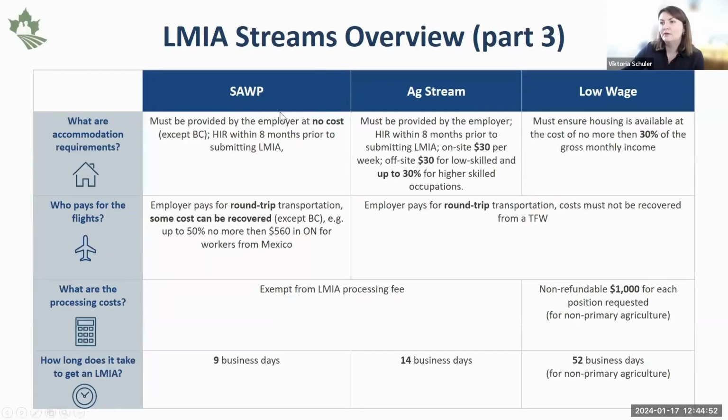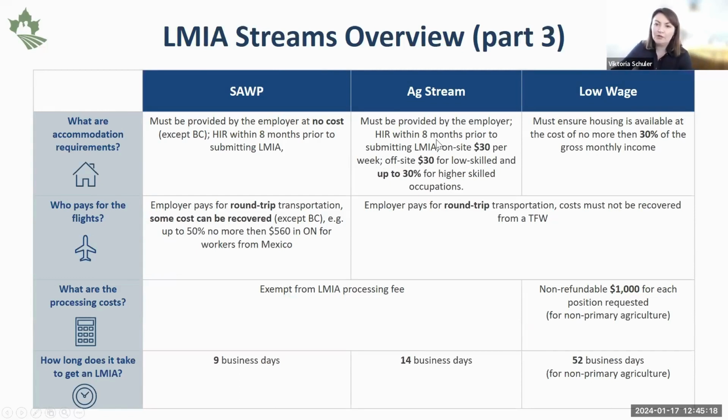And we're almost done. Accommodation requirements for SOAP: accommodation must be provided to the seasonal workers at no cost except in BC, and you need to have a housing inspection report. For Extreme and low wage for Extreme, still a housing inspection report is required. It must be within 8 months prior to submitting an LMIA.